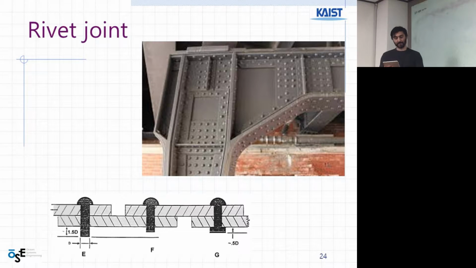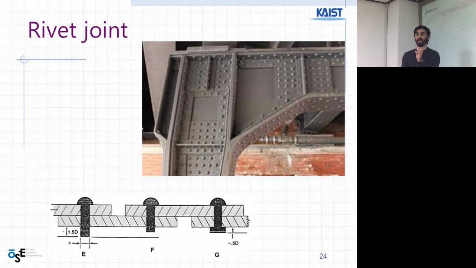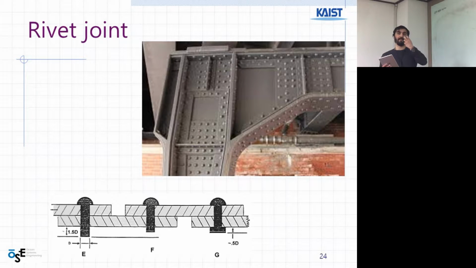On installation, the rivet is placed in the drilled or punched hole, and the tail part is bucked, which means that it expands to about 1.5 times the diameter of the cylinder, and it also becomes a new head.